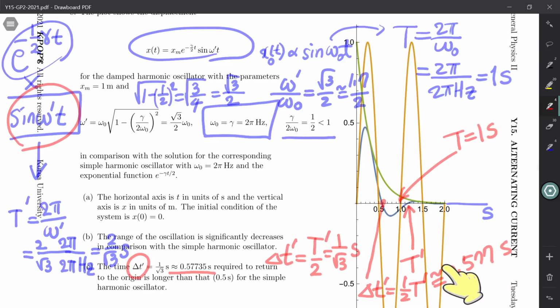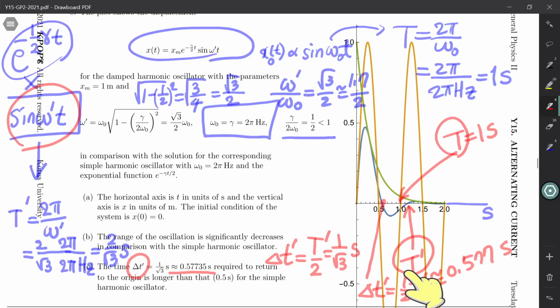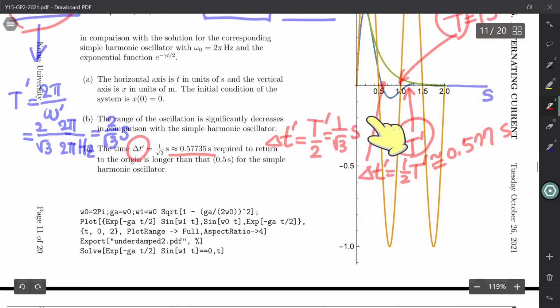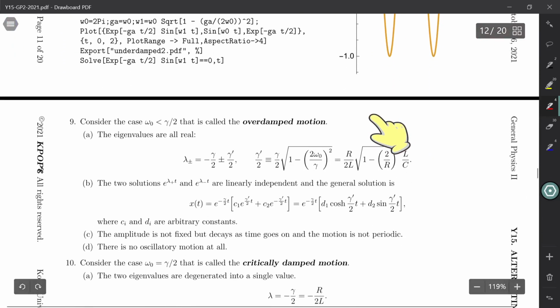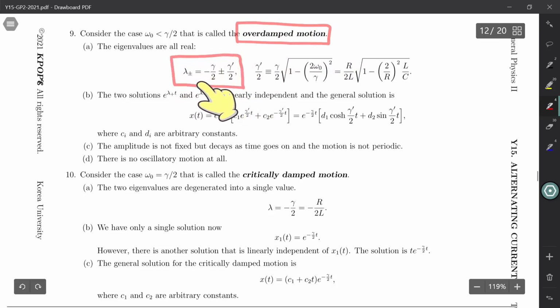As we can see, in comparison with the T and T prime, the period of oscillating factor is bigger than the corresponding value for the simple harmonic oscillator. The remaining two cases are over-damped motion, with both characteristic values.